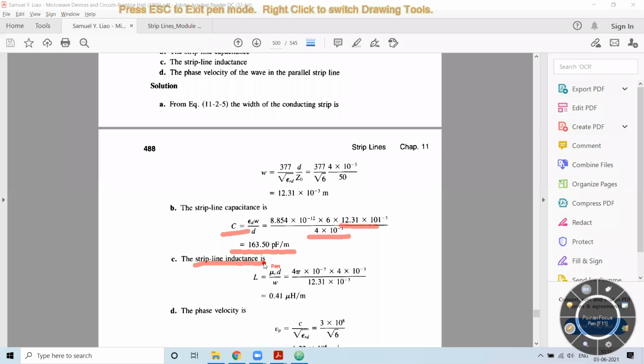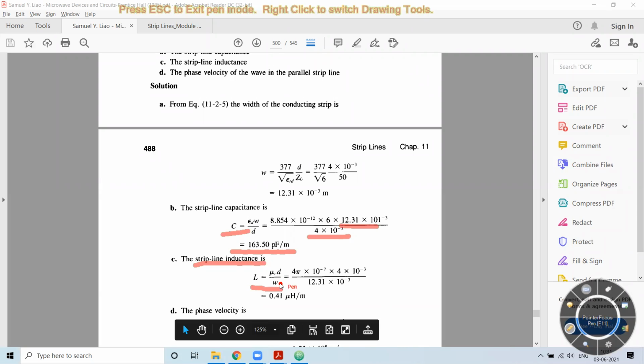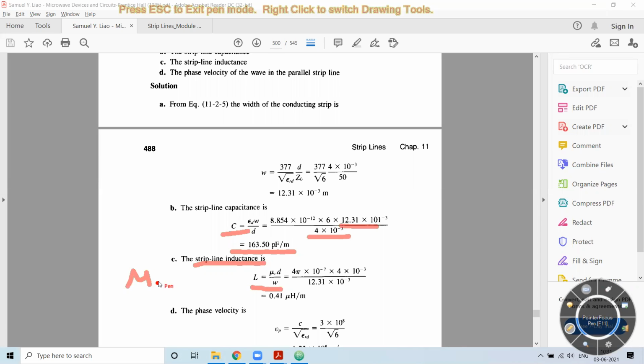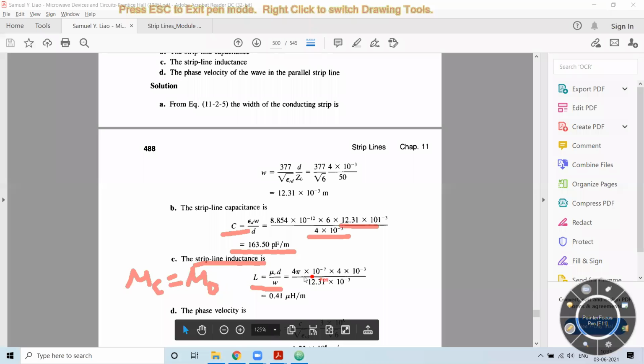Next, when we have to estimate the stripline inductance, we make use of the other equation, that is L is equal to mu C into D divided by W. Now here, since the mu D parameter, the relative permeability, is not given, we consider mu C equal to the mu naught value, where mu naught is 4 pi into 10 raised to minus 7.